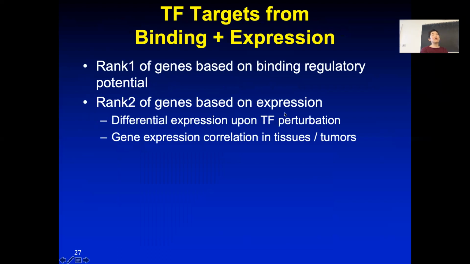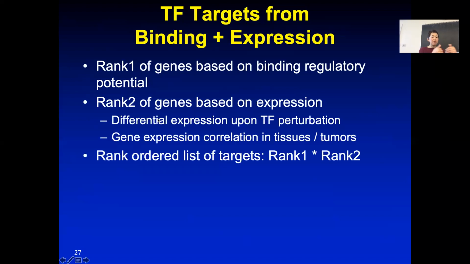You can look at their differential expression when the transcription factor is activated or repressed, and ask what genes are differentially expressed, because those differentially expressed genes are also likely to be targets. Or if you look at tumors or tissues to ask which genes are correlated with your TF of interest, those are also likely targets. We use either the differential expression level or the correlation level to create a second rank. And at the end, we do a rank product of the two.